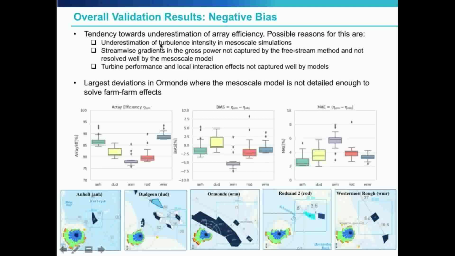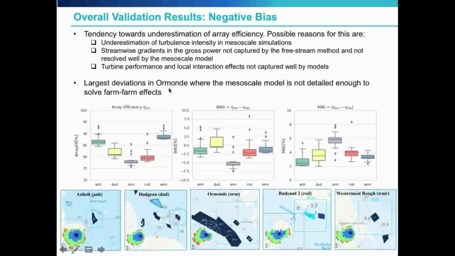I think this is the main effect, but we also know that there could be effects from the stringwise gradients of the gross power, and maybe a minimal effect of the turbine performance.